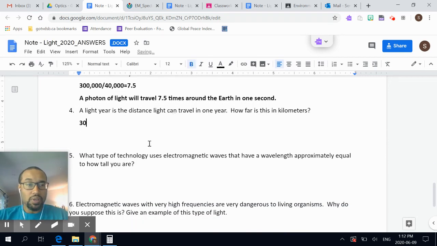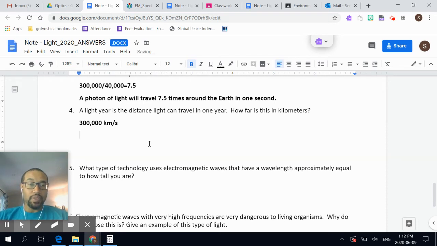So we know light goes 300,000 kilometers in 1 second. I don't want 1 second, I want 1 year. So let's take that number and multiply it, well, let's first figure out how far that will travel in 1 minute. So we'll multiply that by 60.